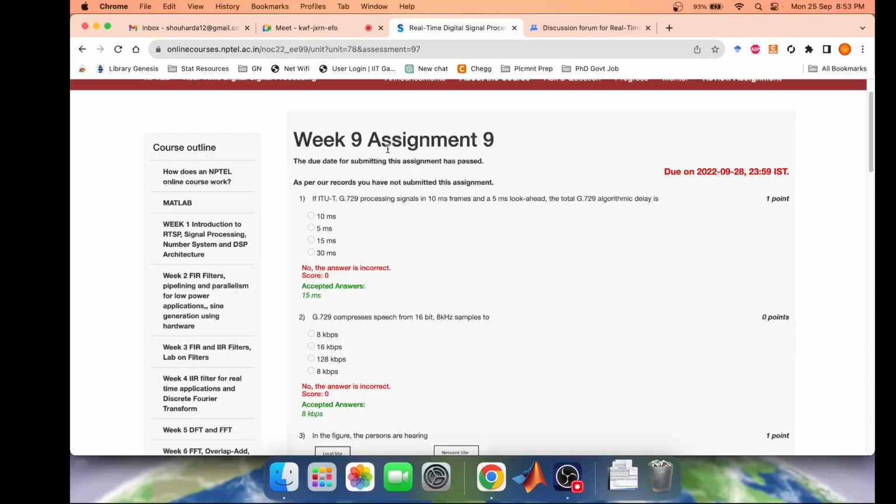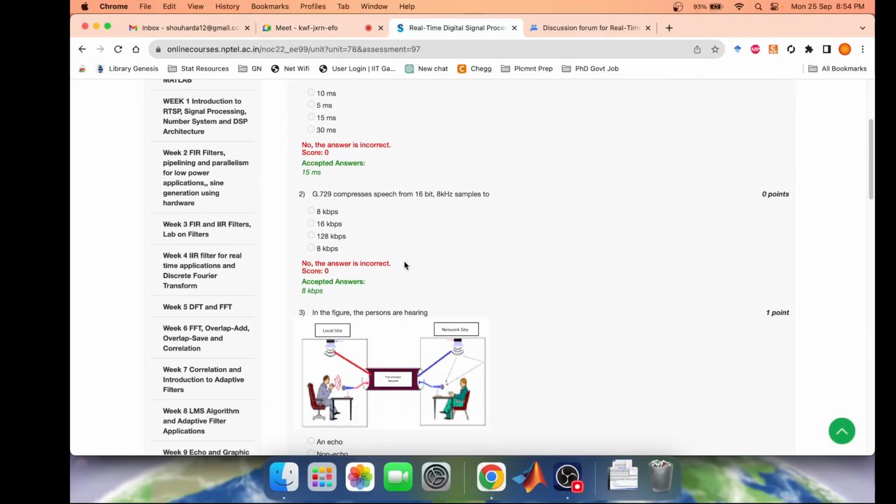Okay, so A and D they have given the same option, and they have mentioned 8 kbps as the correct answer.